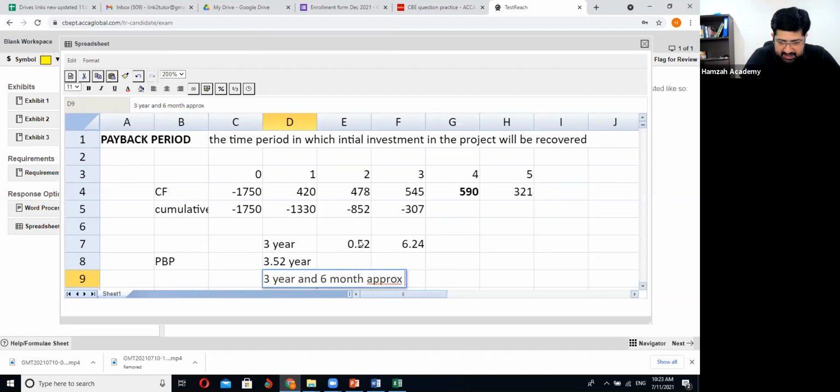We simply multiplied the fraction with 12. Now, I hope this point is clear.